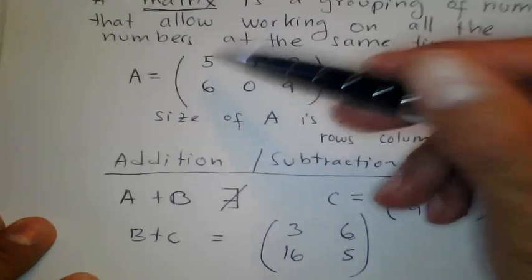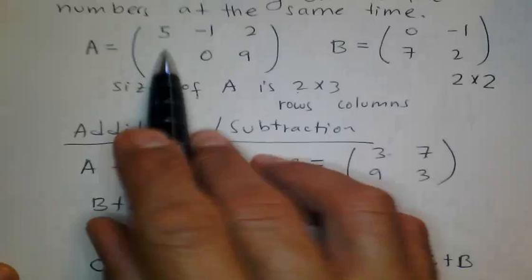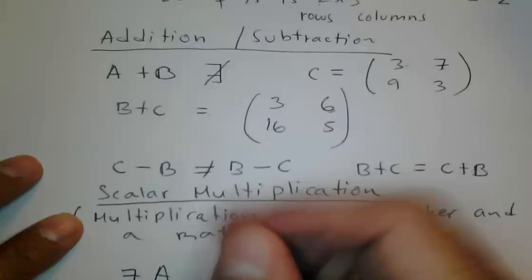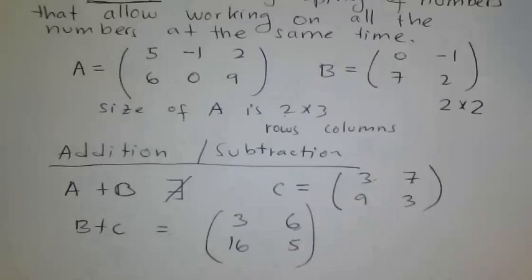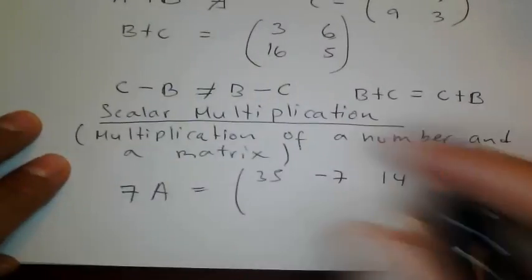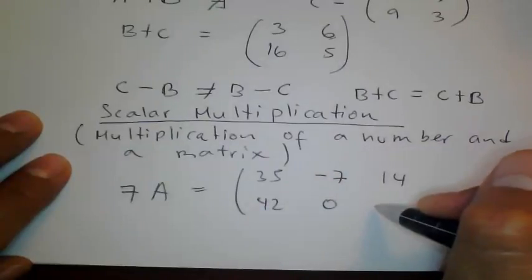So what this is doing is multiplying all elements inside A. This is like the distributive property, so it's multiplying all the numbers inside A, which is 7 times 5, so that will give me 35, and then this will be -7, 14, and 42, 0, and 63.